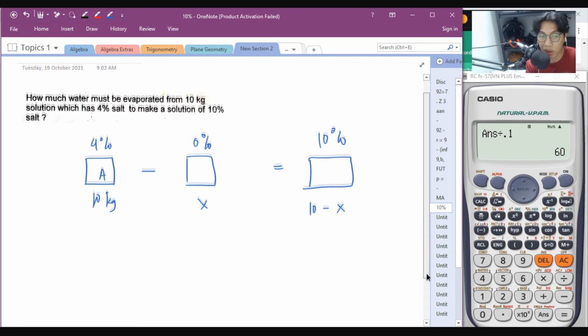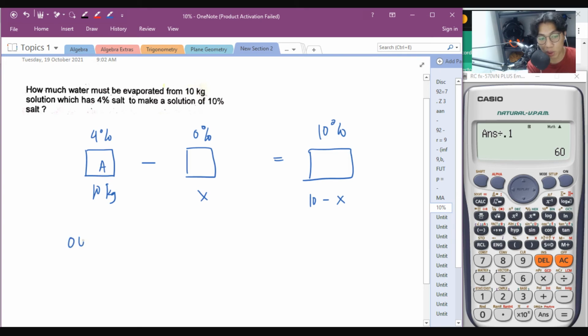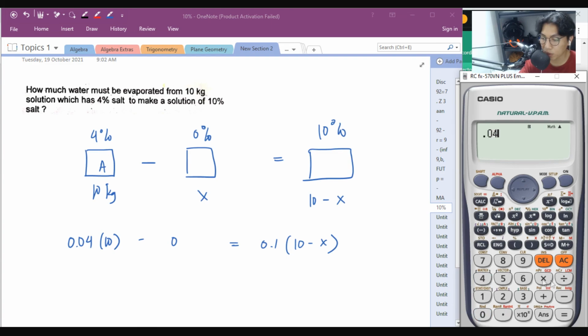Now, we put this in equation. So, 0.04 multiplied to 10 minus 0 equal to 0.1 multiplied to 10 minus x. Simplifying, 0.04 times 10, that is 0.4.